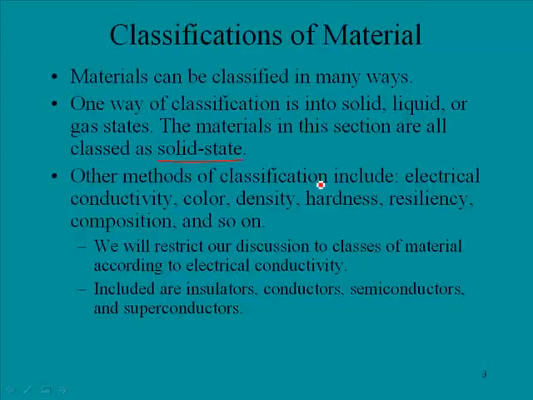Methods of classification include electrical conductivity, color, density, hardness, resiliency, composition, and so on. We will restrict our discussion to classes of material according to electrical conductivity. So those are the types of materials that we will be looking at, and specifically they are insulators, conductors, semiconductors, and superconductors.